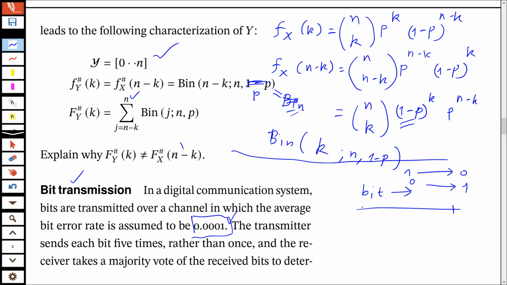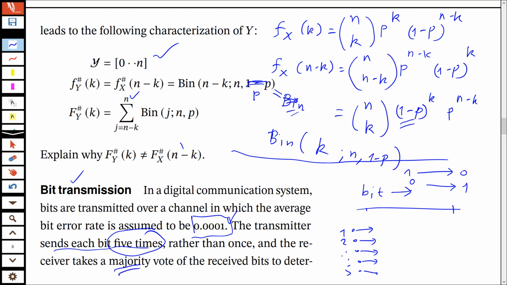So they would like to somehow deal with that. Instead of sending this bit only once, imagine there is a scheme where you send each bit 5 times. You can think of it as n trials or 5 trials. You send it again, and again, and again. So 1, 2, up to 5. And here you look for the majority.